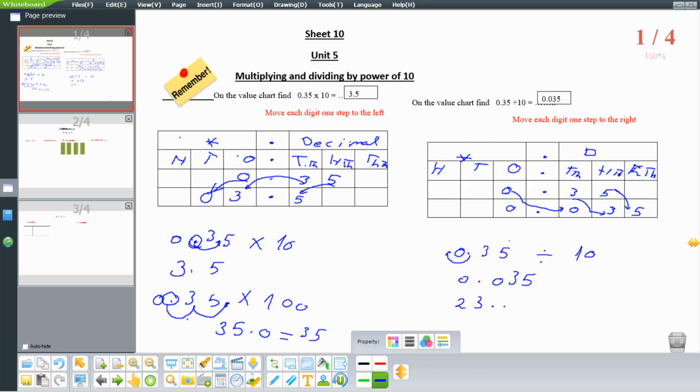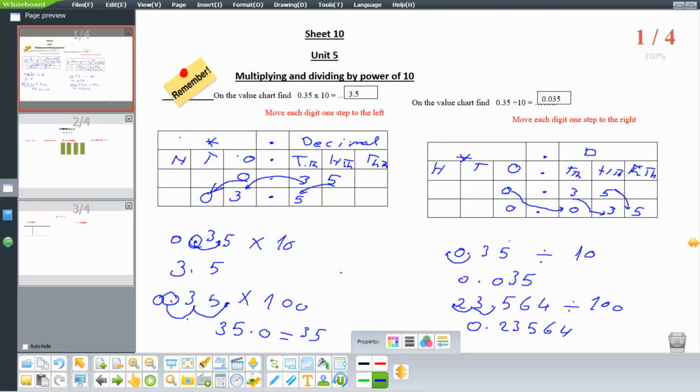But if I have 23.56, and I need to divide it by 100, we are going to move the decimal point to the left, one place, two places. So it will be 0.2356.